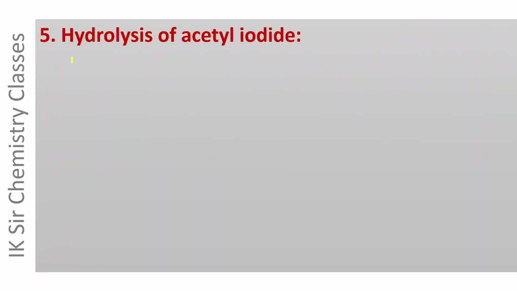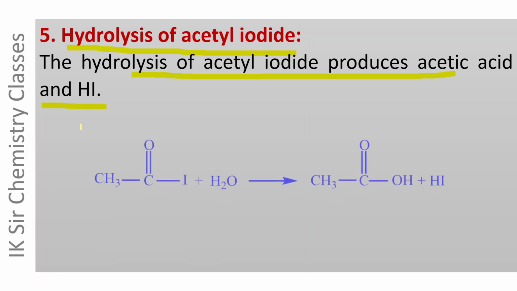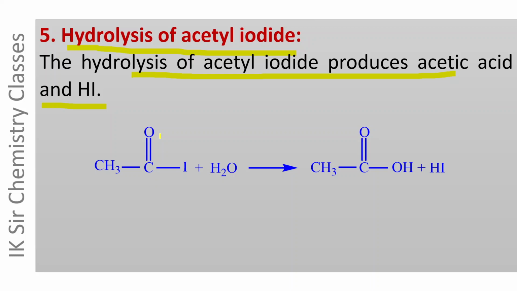And in the fifth step, there is hydrolysis of acetyl iodide produced in step number 4. The hydrolysis of acetyl iodide produces acetic acid and HI. This is acetyl iodide.